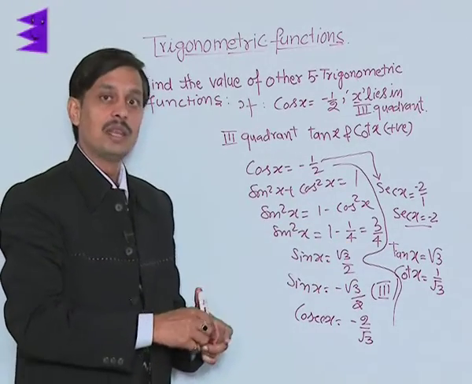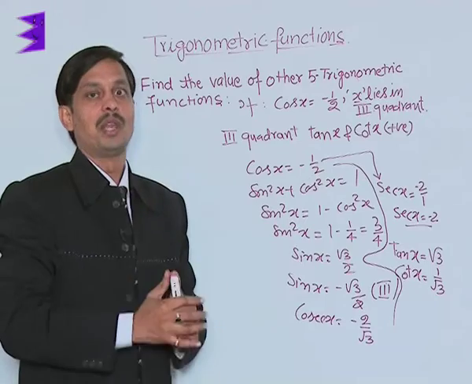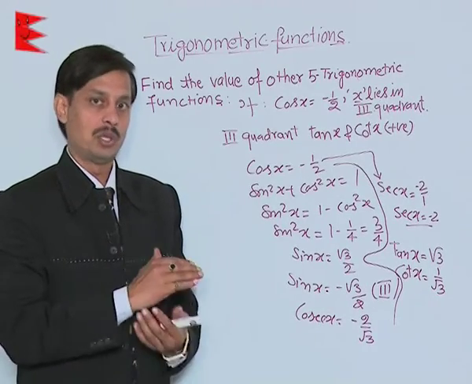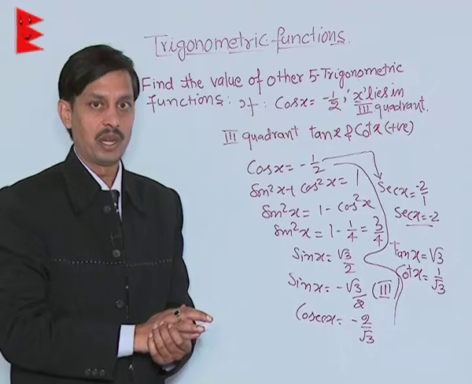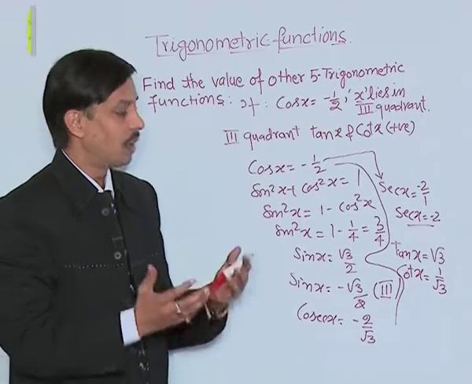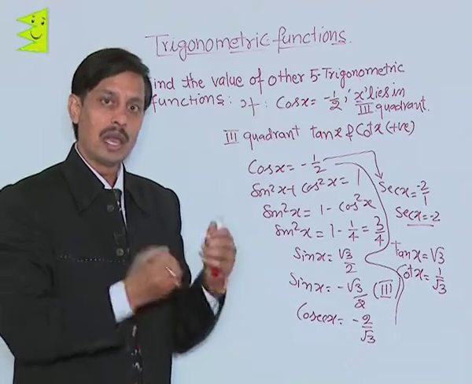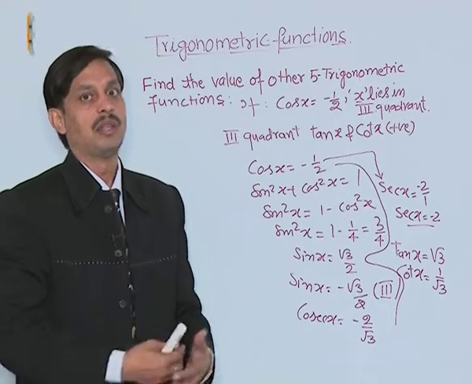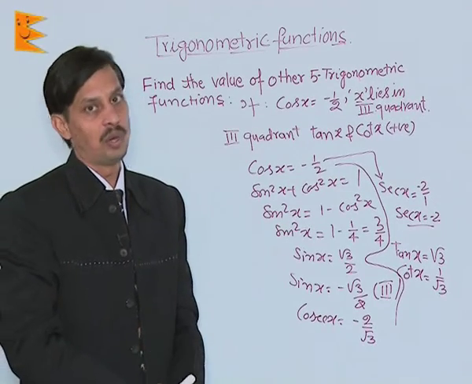So if we can just remember in which quadrant which trigonometric ratio is positive and which trigonometric ratio is negative, we can definitely obtain any result by using trigonometric identities, the ratios and the inverse results.